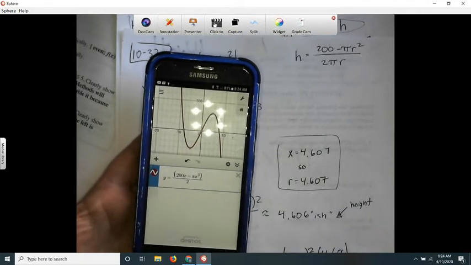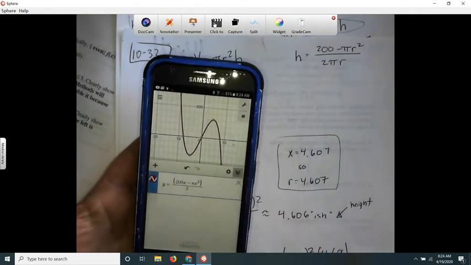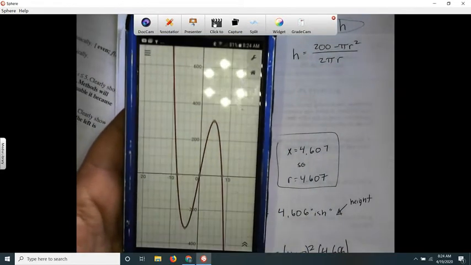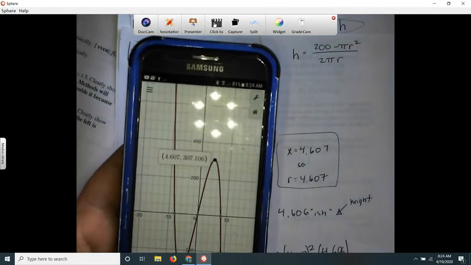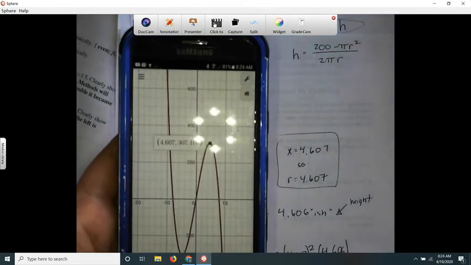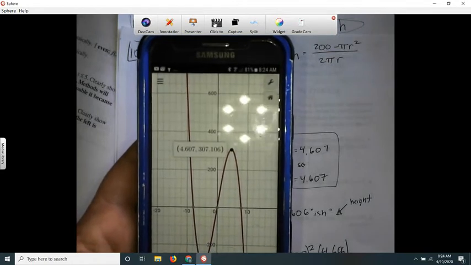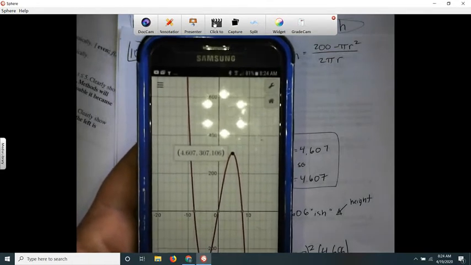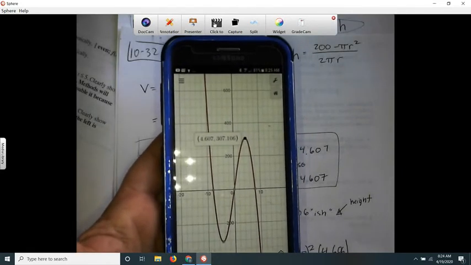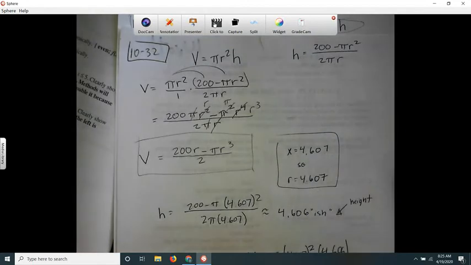And then I found the max just by clicking on it. The x coordinate was 4.607. So that is where I'm going to get my maximum volume from.